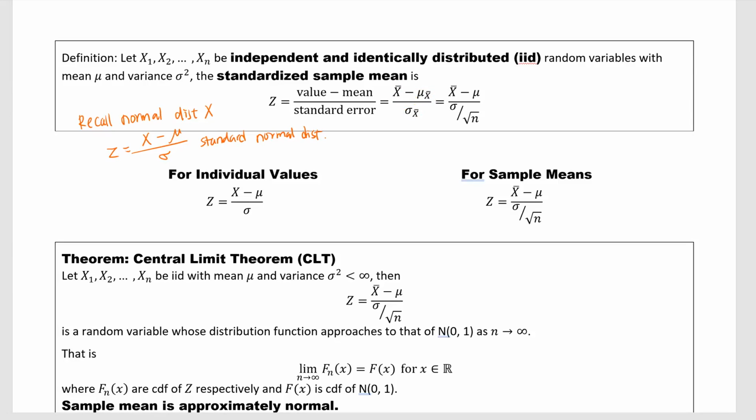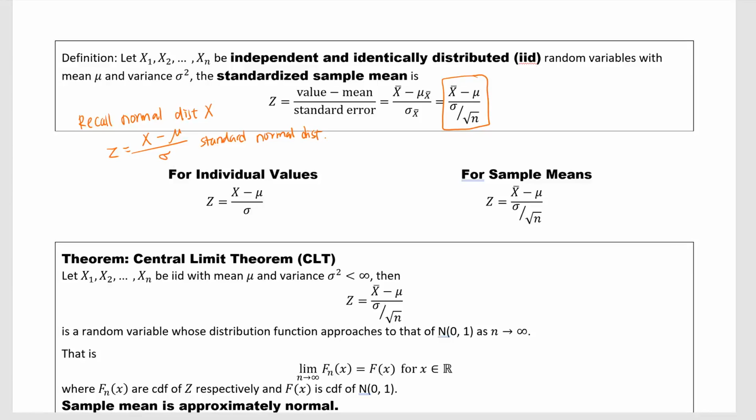So the standardized sample mean is the sample mean minus the mean of the sample mean, divided by the standard deviation of the sample mean. The mean of the sample mean is the population mean. The standard deviation of the sample mean is the population standard deviation over the square root of n. So far, so good, everybody? This is the standardized sample mean.